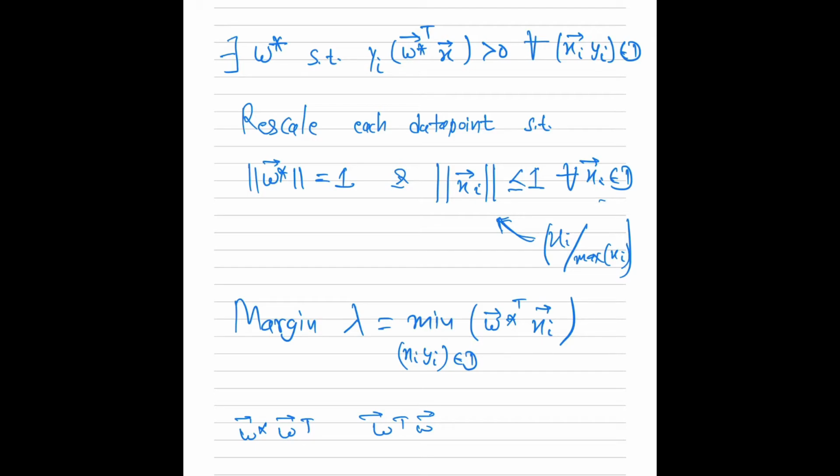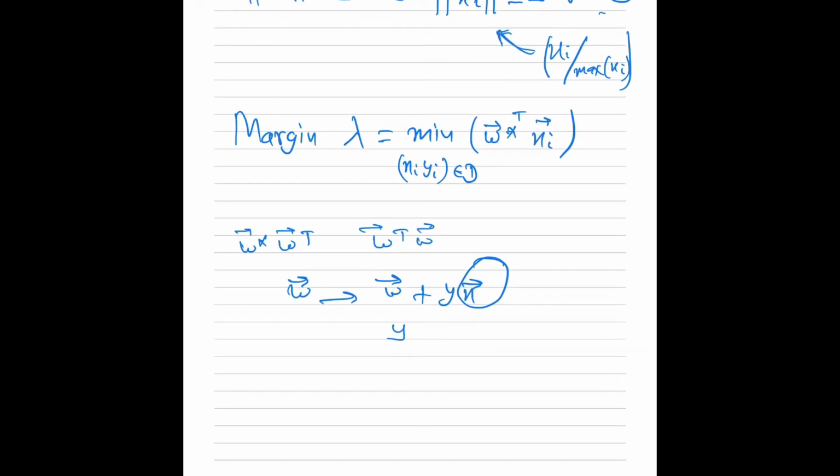When there is an update, w becomes w plus y times x vector. The only reason we update is that our x is misclassified, and the condition for misclassification is simply y w transpose x less than 0.